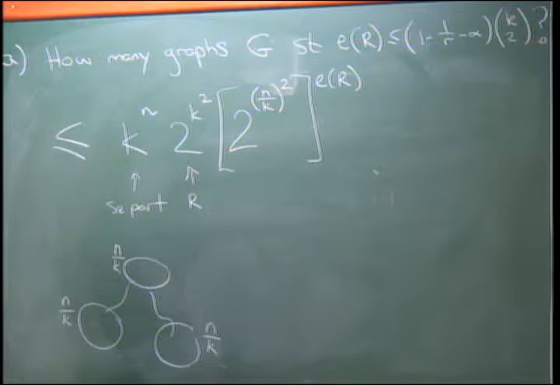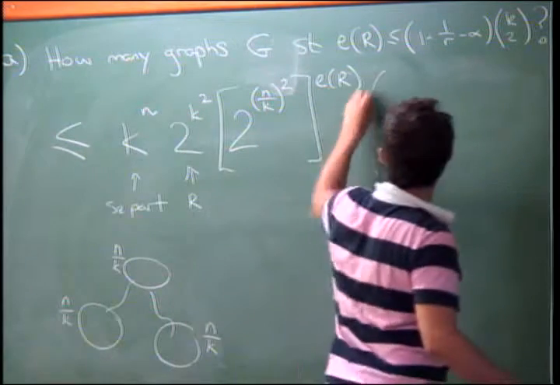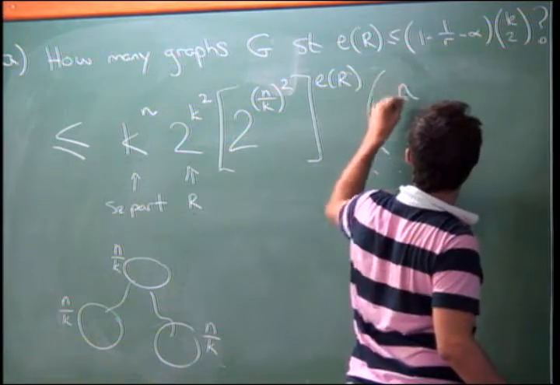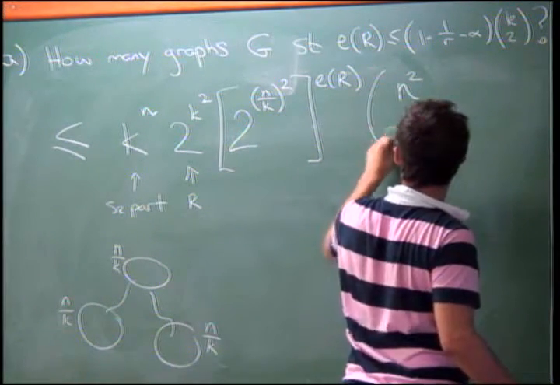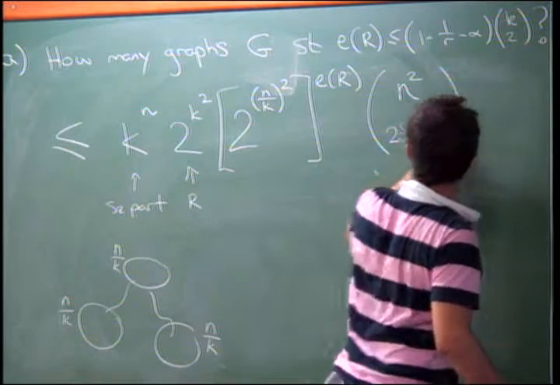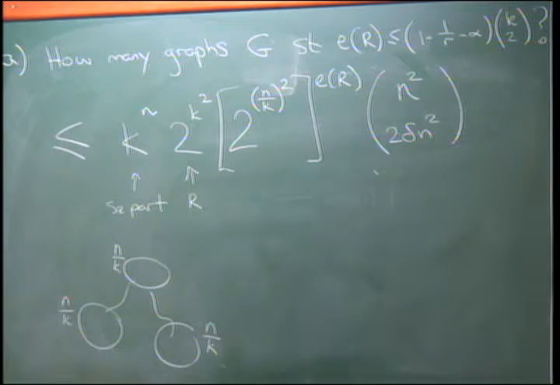So there are at most 2 delta n squared edges. So we can just multiply something stupid: n squared choose 2 delta n squared. Okay. So this, I claim, is an upper bound on the number of graphs, well, actually, the number of graphs in general.